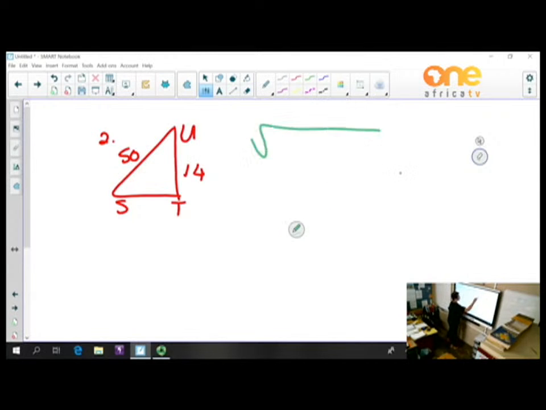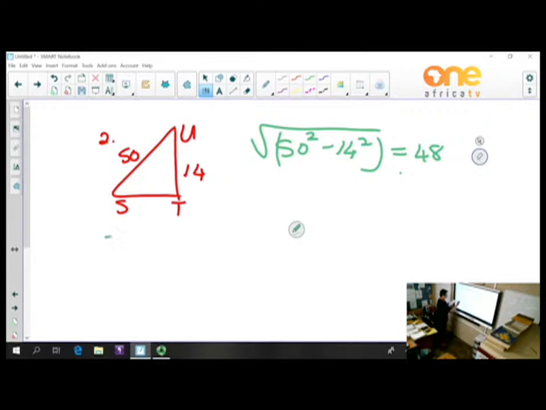So it will then be 50 squared minus 14 squared in brackets there. So it is then the square root of brackets 50 squared minus 14 squared, close the bracket, is equal to, I got 48.